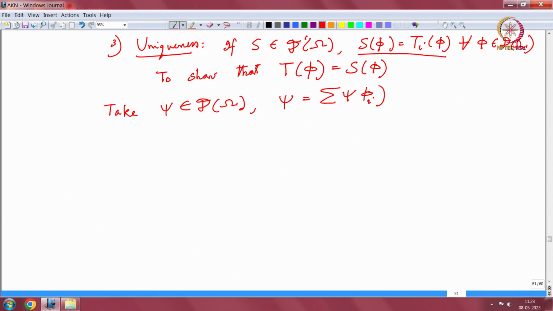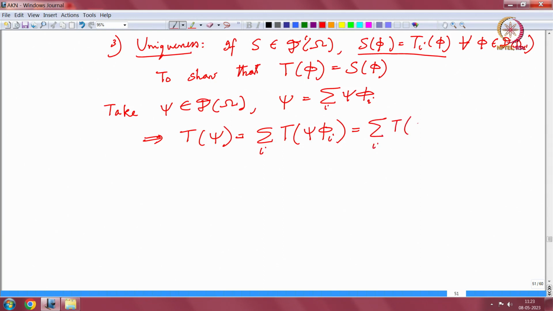I am using that psi phi I, that implies T psi equal to summation, by definition, psi is this one, this is summation over I of T of psi phi I. But then T of psi phi I is equal to T I of psi phi I, as psi phi I has support in omega I. Okay.